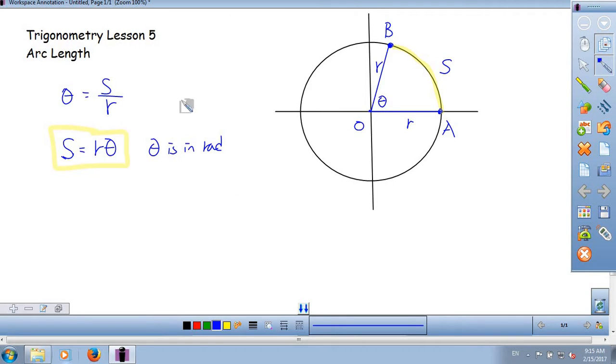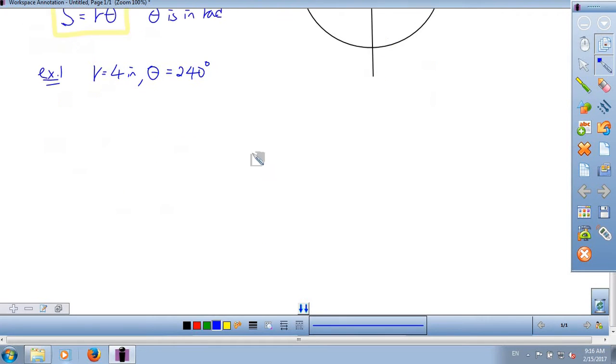Okay, so let's look at an example. Let's say we have radius equal to 4 inches and a central angle that is 240 degrees. Let's go ahead and find the arc S that's being subtended by that angle.